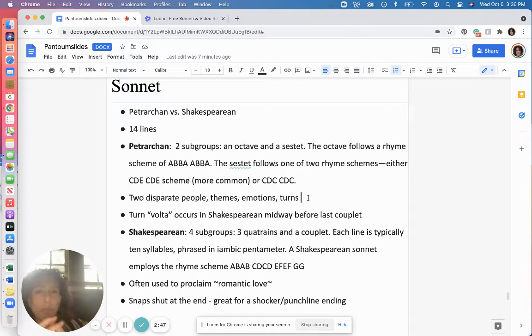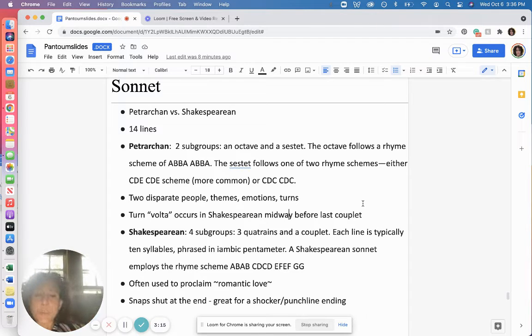So it's like a little world within worlds. And then it kind of snaps shut at the end. But before that, you've got a turn or a volta. We talked a little bit about how turns are essentially surprises, whether it's in language, in an event, a shift in tone, or lineation. That is the turn. So the volta occurs in a Shakespearean sonnet midway before the last couplet.